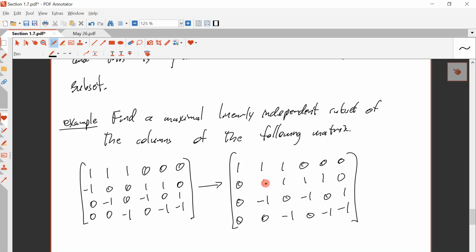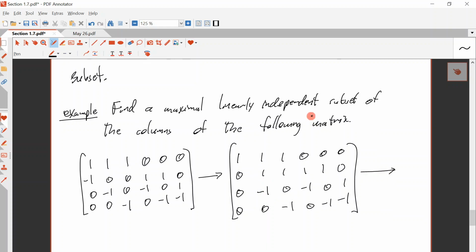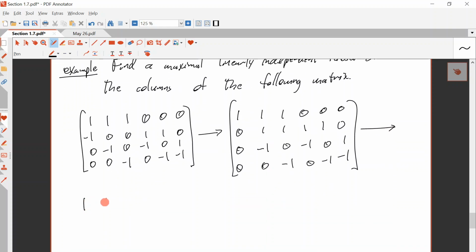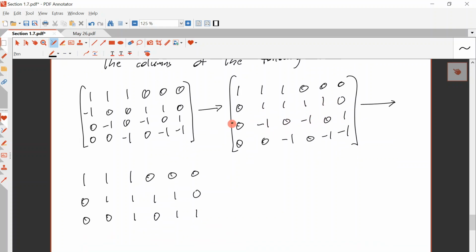Now I'm going to add row 2 to row 3. So I got 1, 1, 1, 0, 0, 0. 0, 1, 1, 1, 1, 0. And then 0, 0, 1, 0, 1, 1. Right? 0, 1, 0, 1, 1.